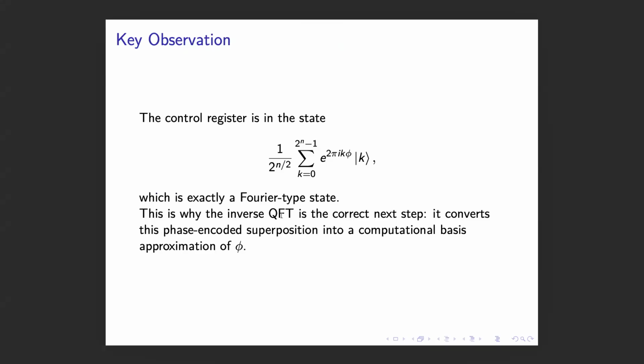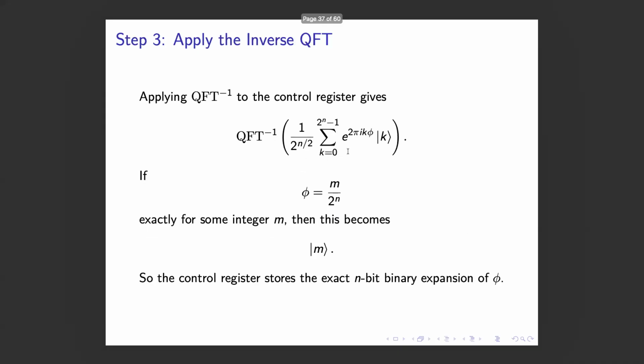And this is why the inverse quantum Fourier transform is the correct next step. It converts the phase-encoded superposition into a computational basis approximation of phi. If you look at this one, this is just a state which I've transformed. If I perform the inverse Fourier transform, I can get the information phi. That's the basic idea here.